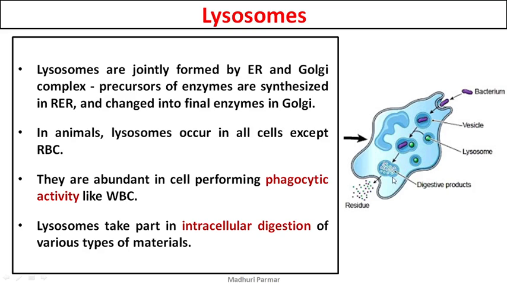So if it is a bacteria, that bacteria is digested, and whatever excess residue is left over is all thrown out. So this is the function of your WBC or macrophages and monocytes specifically. Lysosomes take part in intracellular digestion of various types of materials, as I mentioned earlier.